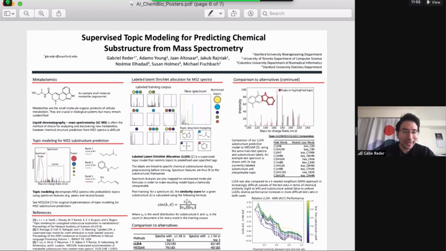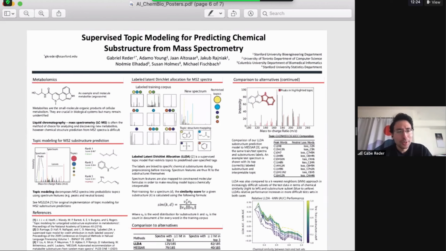Now, a little while back, a couple of folks introduced this idea that topic modeling approaches, borrowed from natural language processing, would be a nice way of capturing this information in an MS2 spectrum in a very high throughput and reliable manner, where you can take an MS2 spectrum, decompose it into these topics, and then these topics give you an idea of recurring fragments and features across different MS2 spectra.